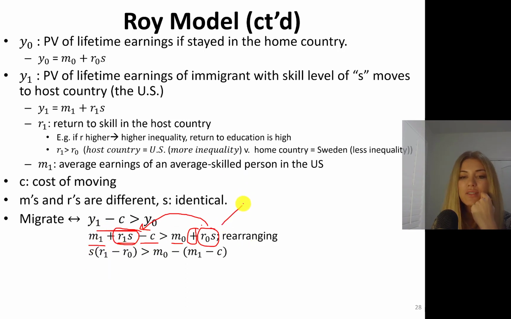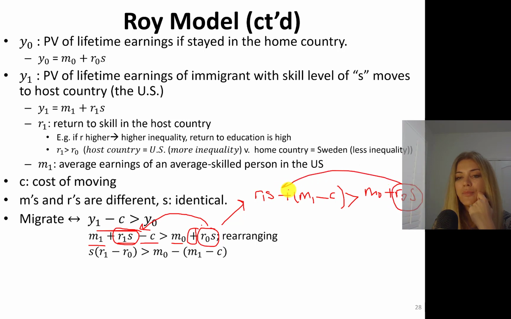So if you rearrange this, I'm going to rewrite it: R1S minus R0S greater than M0 minus M1 minus C. Positive sign moving to the other side becomes negative.